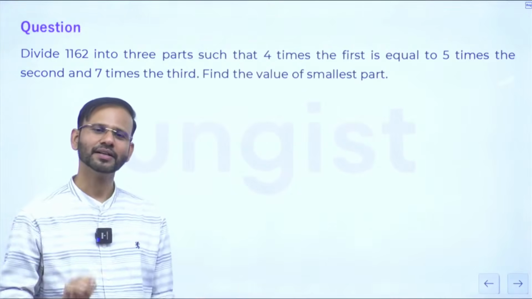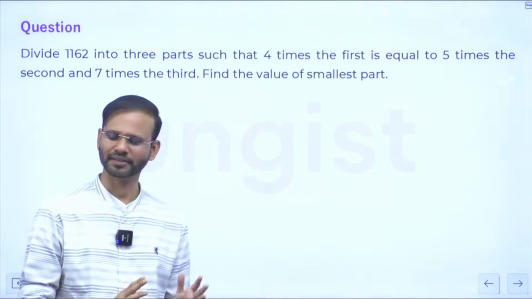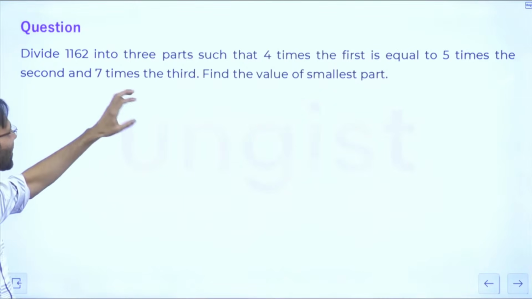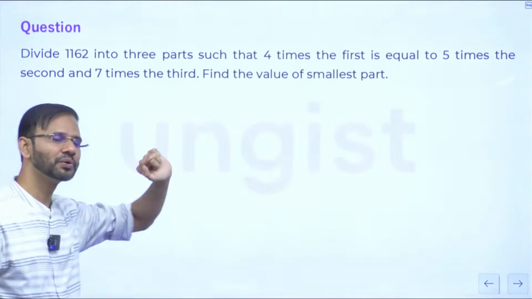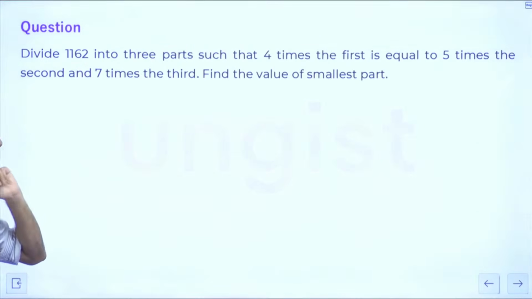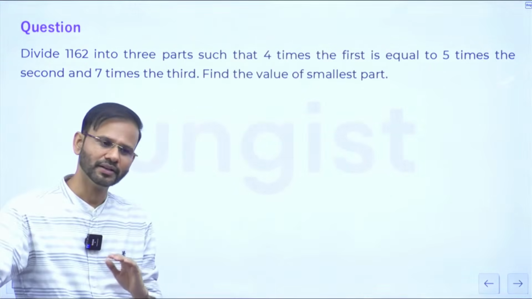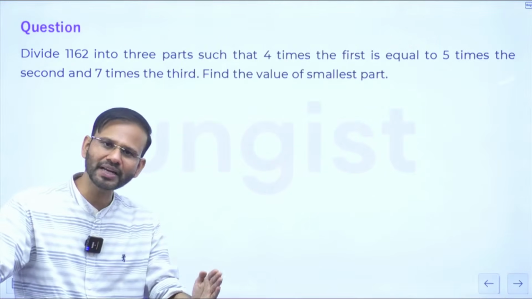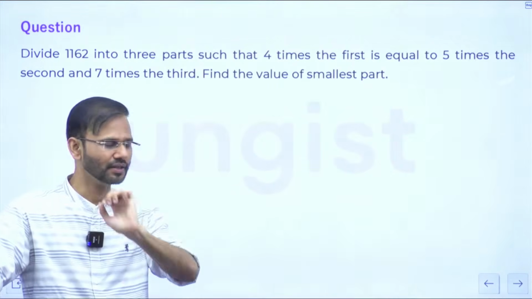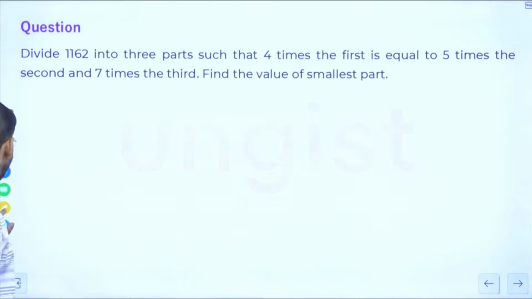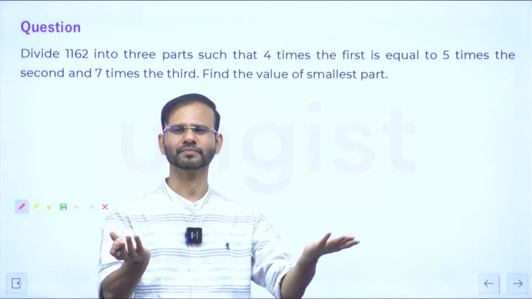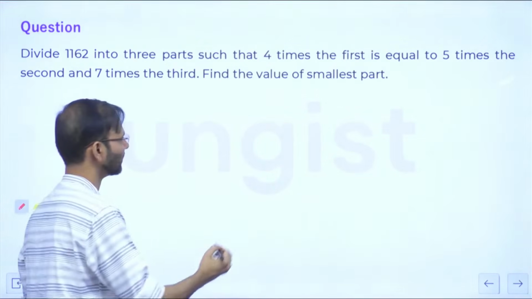It is not required. Just think on it, guys, just think on it. The question is saying what? The question is saying divide 1162 into 3 parts such that 4 times of the first equal to the 5 times of the second equal to the 7 times of the third. ऐसा कुछ लिखा हुआ है? हाँ, right, यही लिखा हुआ है. 4 times of the first is same as 5 times of the second is same as 7 times of the third. Correct? So everyone, I just want to assume all the parts as 1. हो सकता है, right?